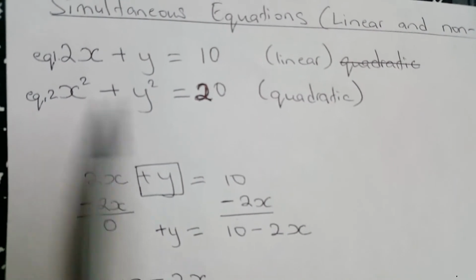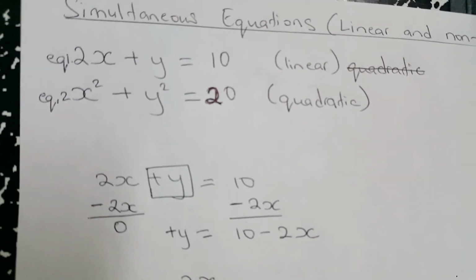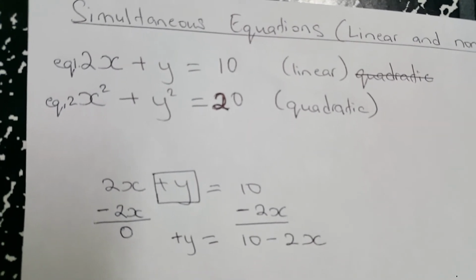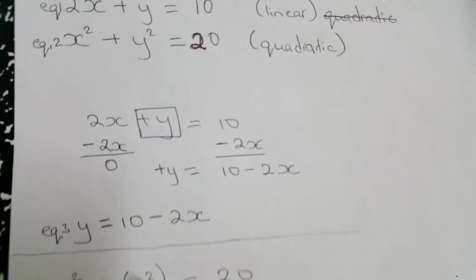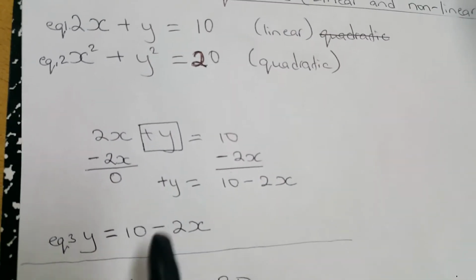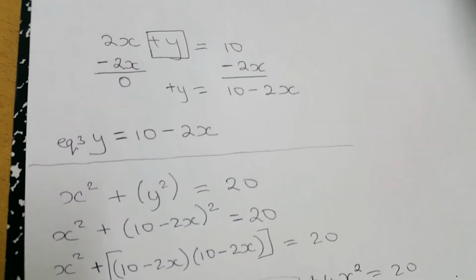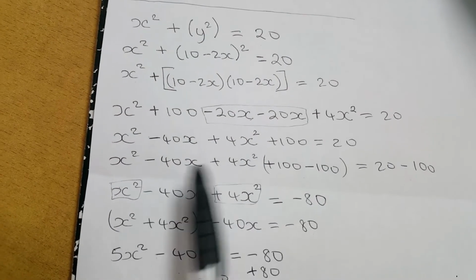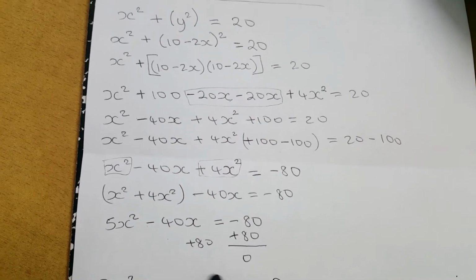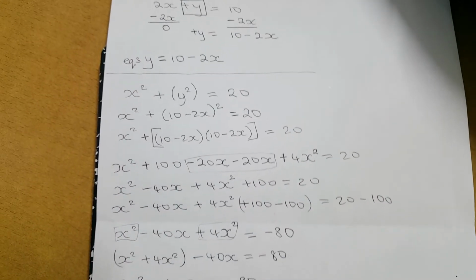In order to start reaching somewhere, find the easiest one to make the subject of the equation, and label that equation 3. Once you have that, substitute it back into your equation 2, which is usually your quadratic, and then try to simplify as best you can. Find the like terms. I know it's a lot of working, but it takes patience and practice.